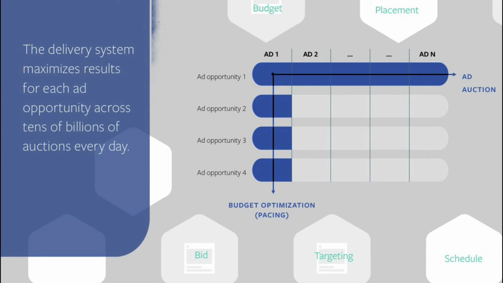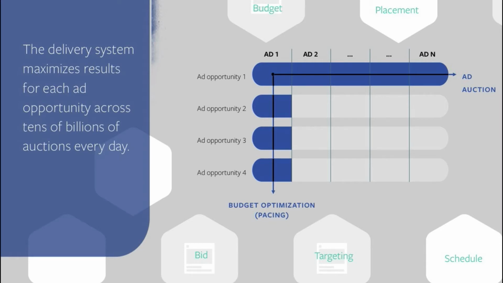But it's really not just one system, but rather three components that make up delivery as a whole. The first component is the auction, where we rank ads targeting a given person and find the most relevant one that maximizes value for both advertisers and people.